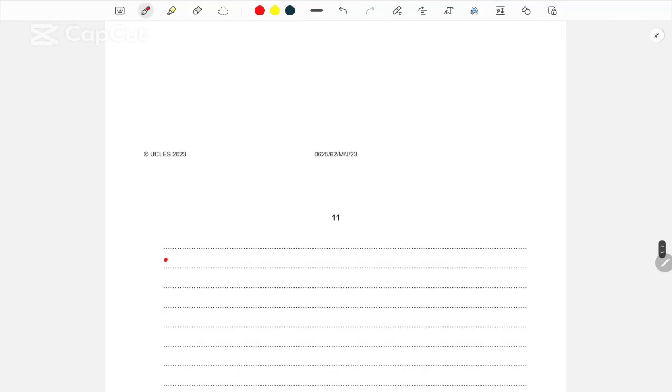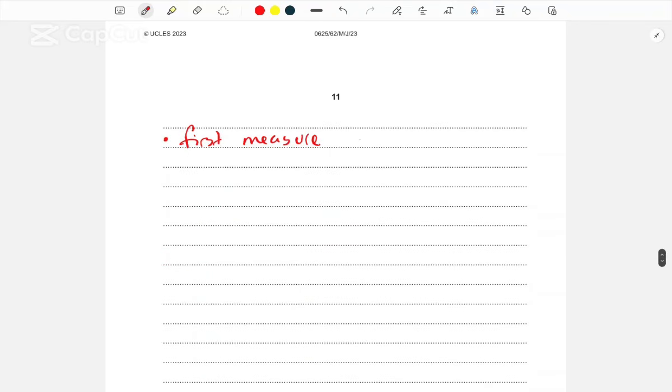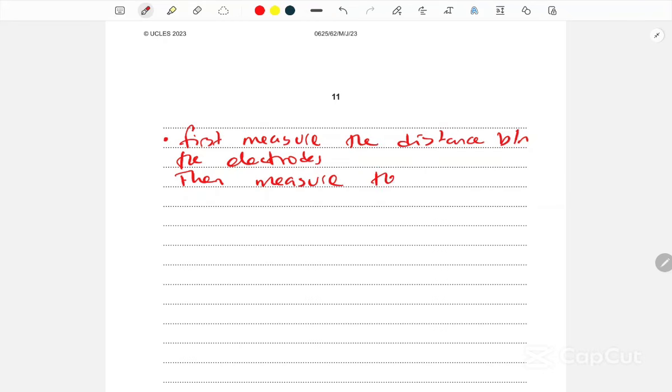So first, measure the distance between the electrodes, and then measure the current in the ammeter.